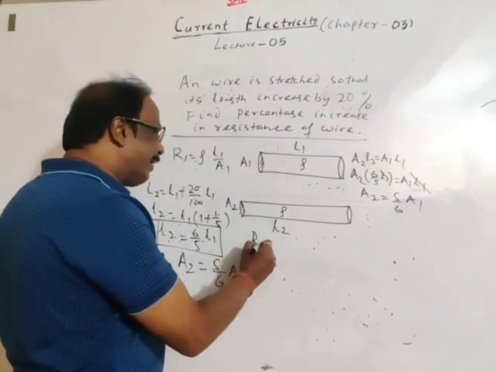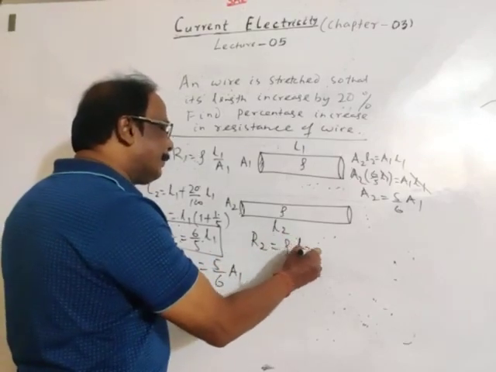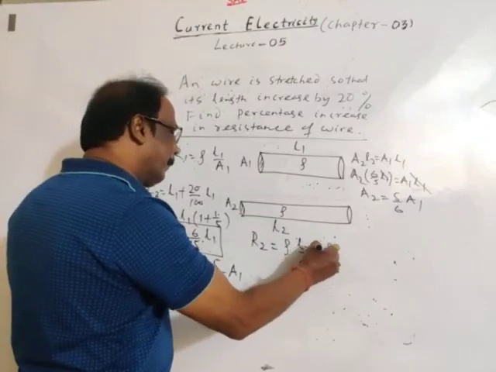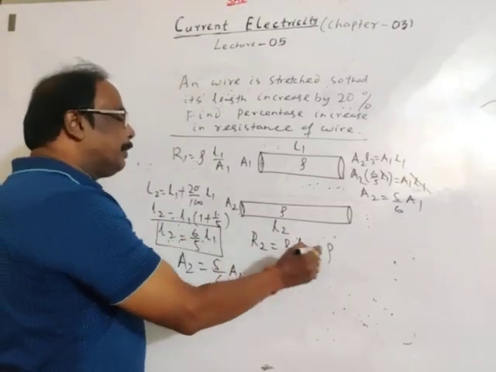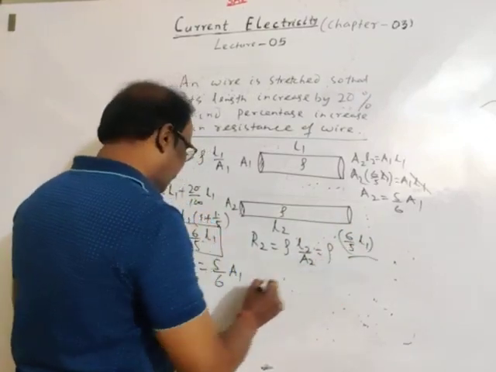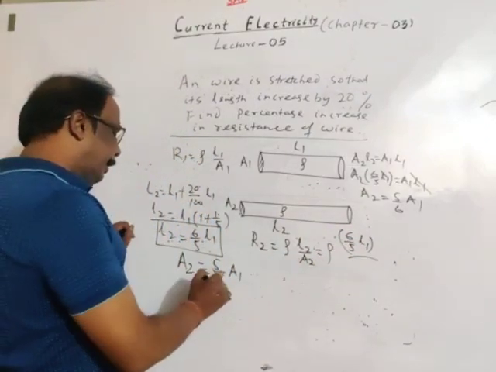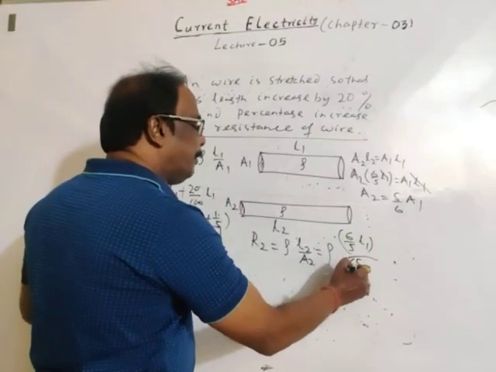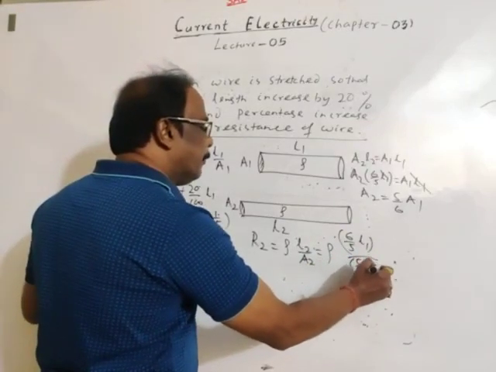Then what is the final resistance? Rho L2 by A2. L2 is 6 by 5 L1 and A2 is 5 by 6 A1.